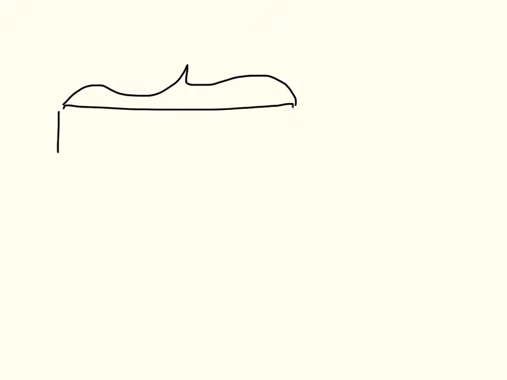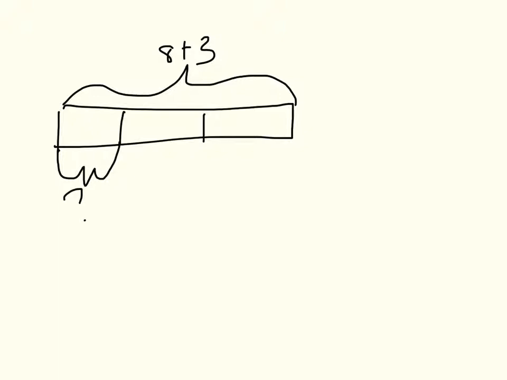Okay? So if this whole thing I were to say is 8 plus 3, and this section right here I were to say is unknown, see if you can solve that.